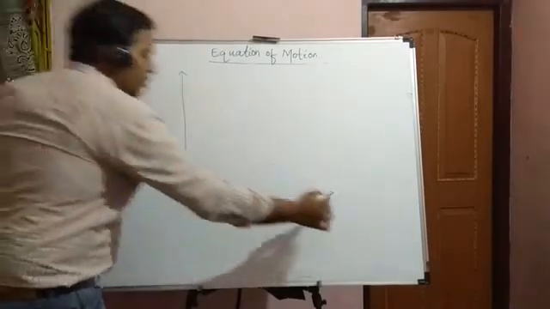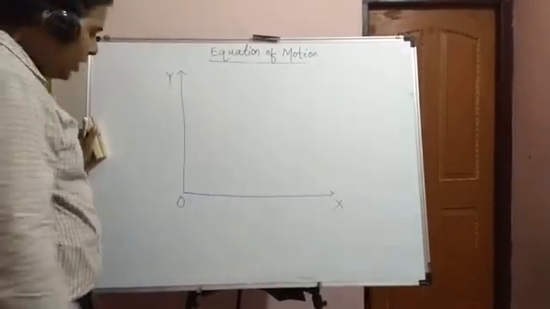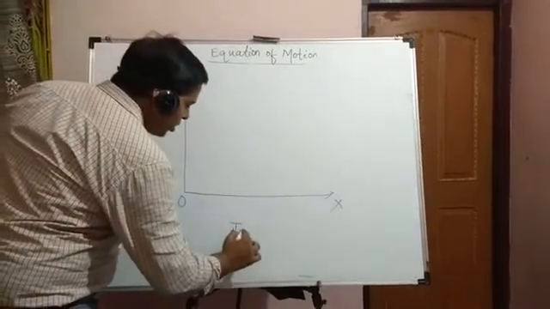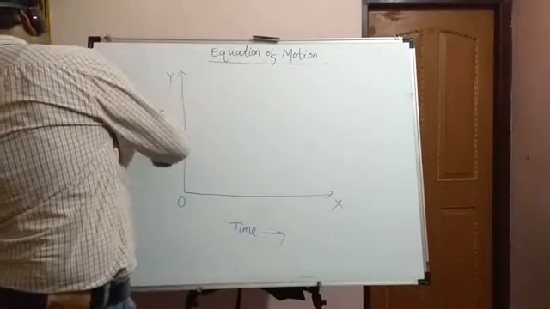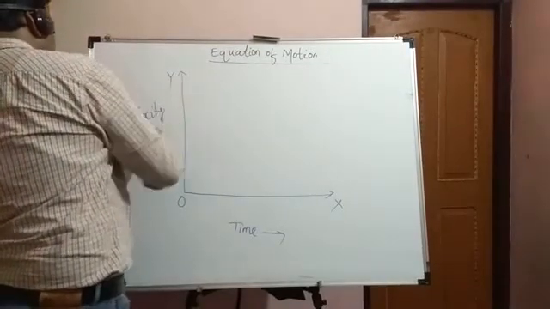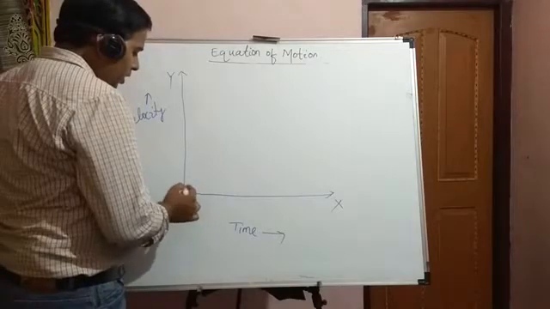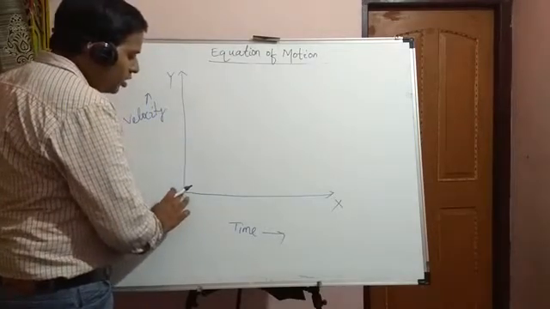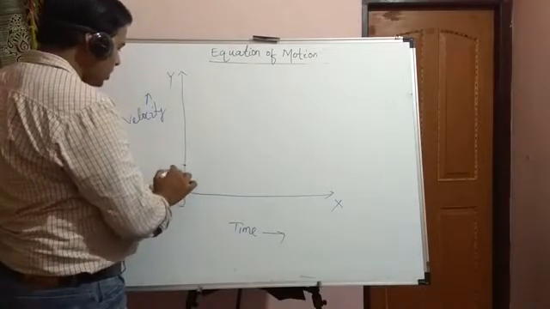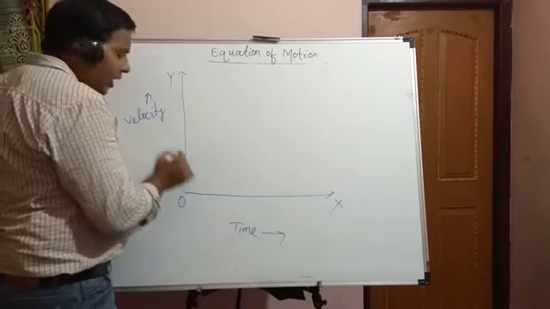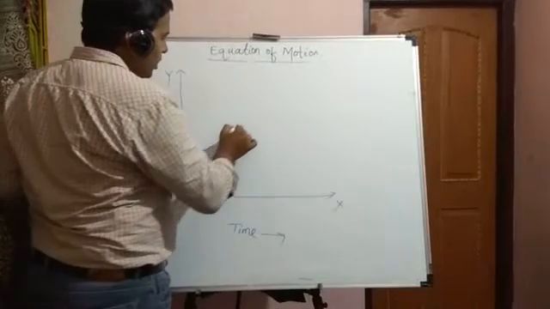In this graph, this is the x-axis, the origin, and the y-axis. Here this is time and this is velocity. Look here, the vehicle is not starting from zero velocity. The vehicle is starting from the initial velocity, say u, and from here it moves with uniform acceleration, so the graph will be a straight line like this.